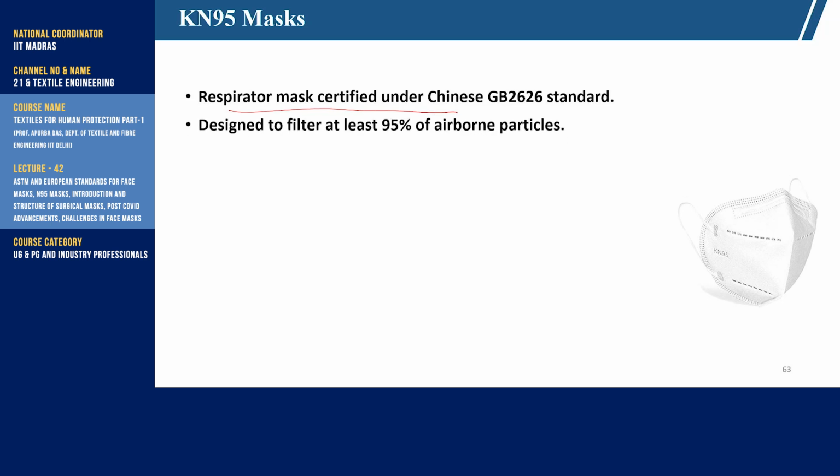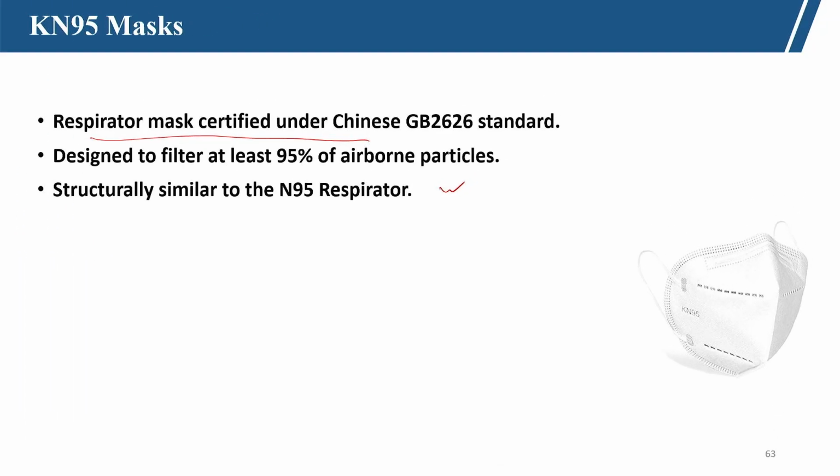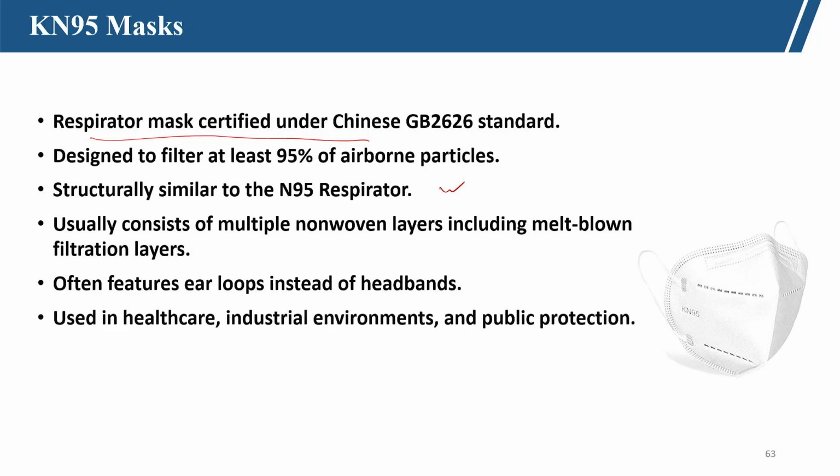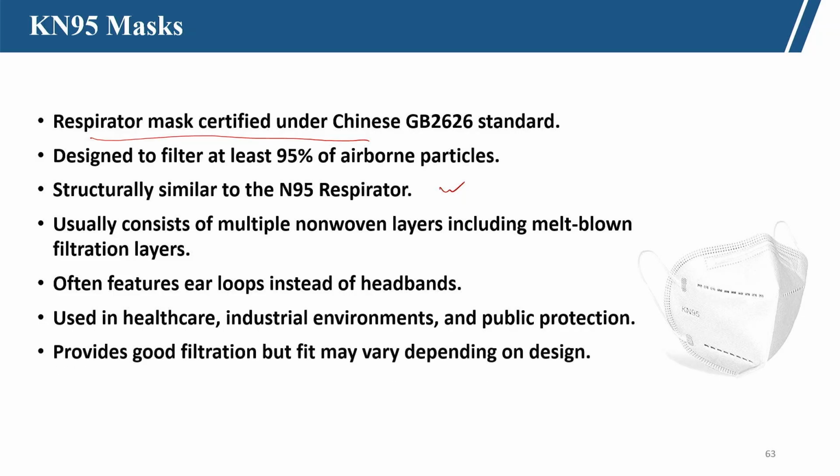It is designed to filter 95% of airborne particles, and is structurally similar to the N95 respirator. It consists of multiple layers of nonwoven, including melt blown and spun bonded layers, with ear loops, and is used for healthcare, industrial workers and public protection.